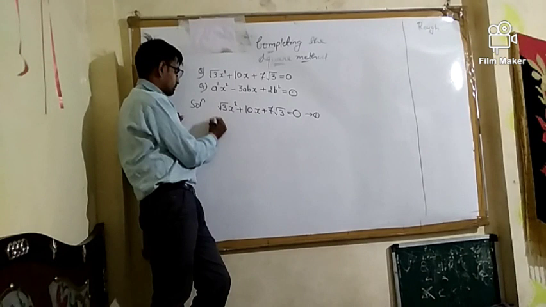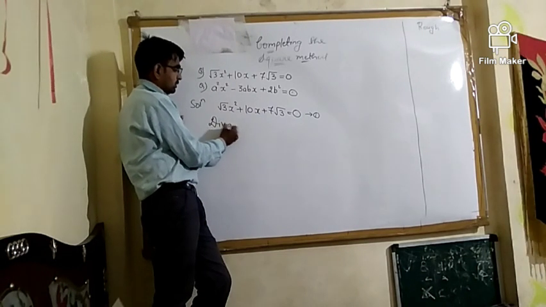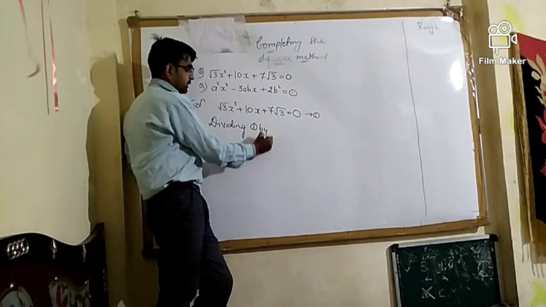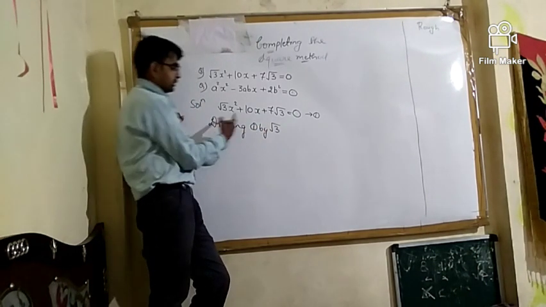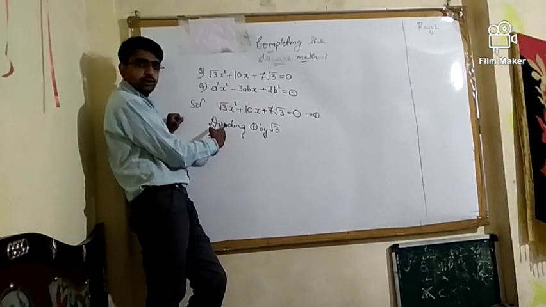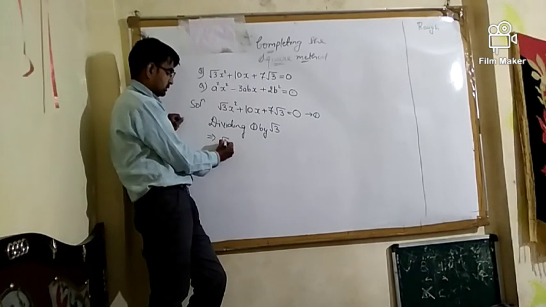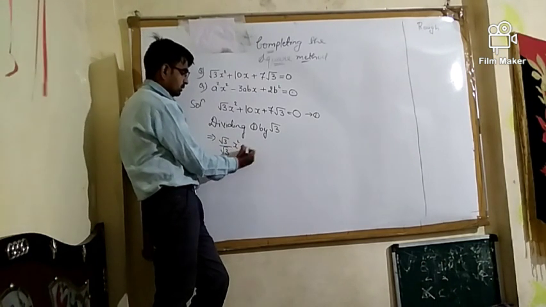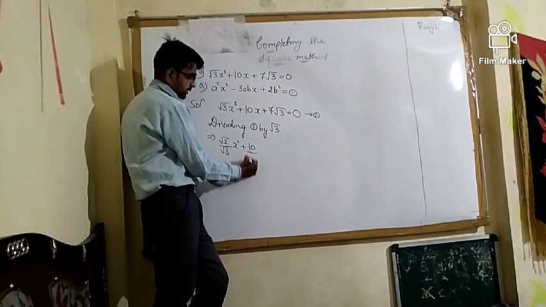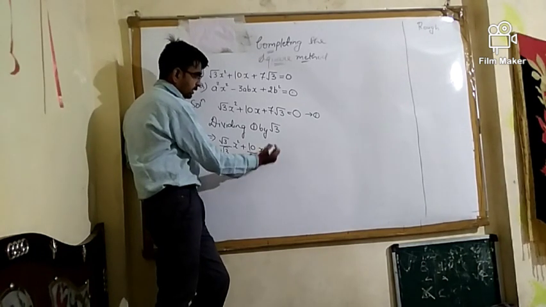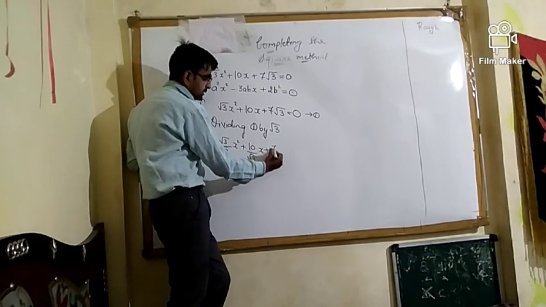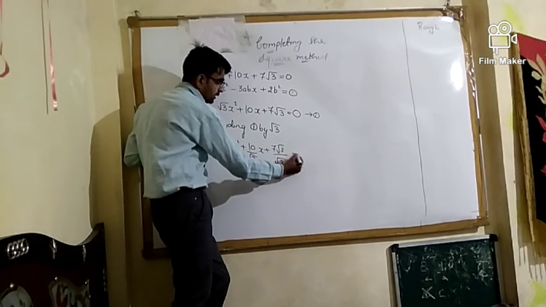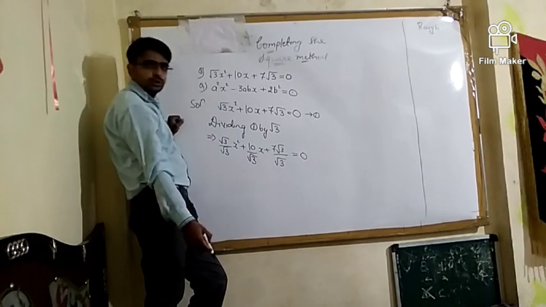Okay, so what I will do, I will divide equation 1 by root 3. What I will get is root 3 by root 3 x square plus 10 by root 3 x plus 7 root 3 by root 3, which is equal to 0.